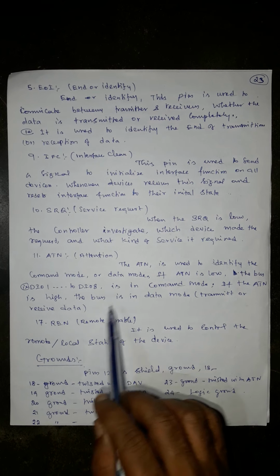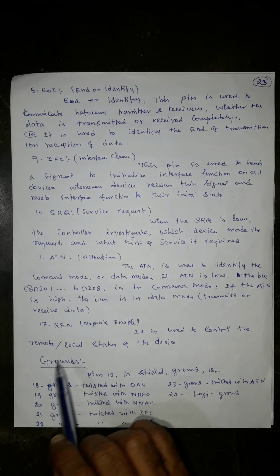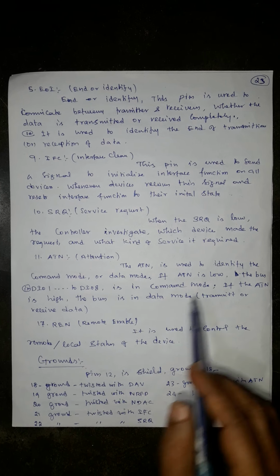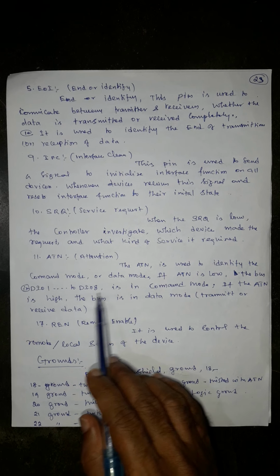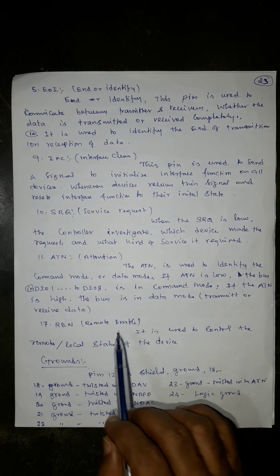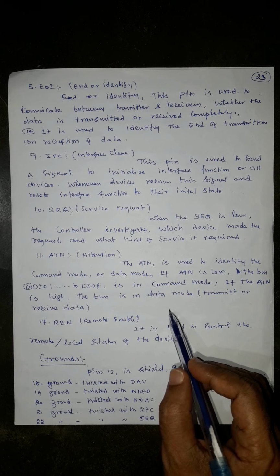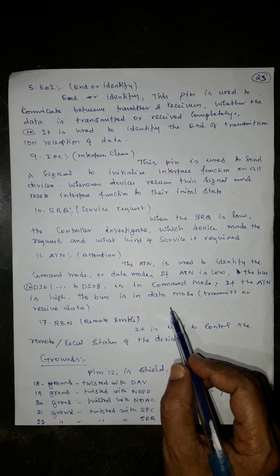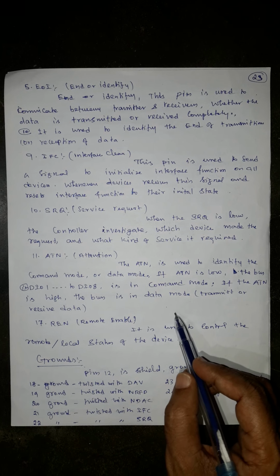Then ATN, attention. ATN is used to identify the command mode or data mode. If ATN is low, the bus DIO 1 to DIO 8 is in command mode. If ATN is high, the bus is in data mode. As I already said, 8-bit transmission is there in GPIB.